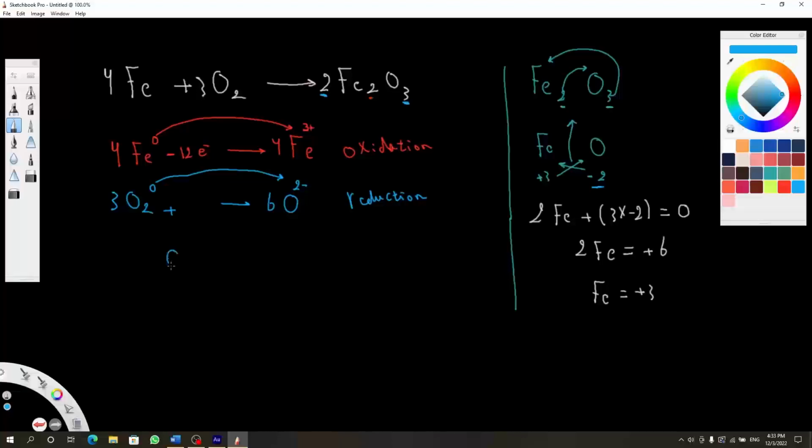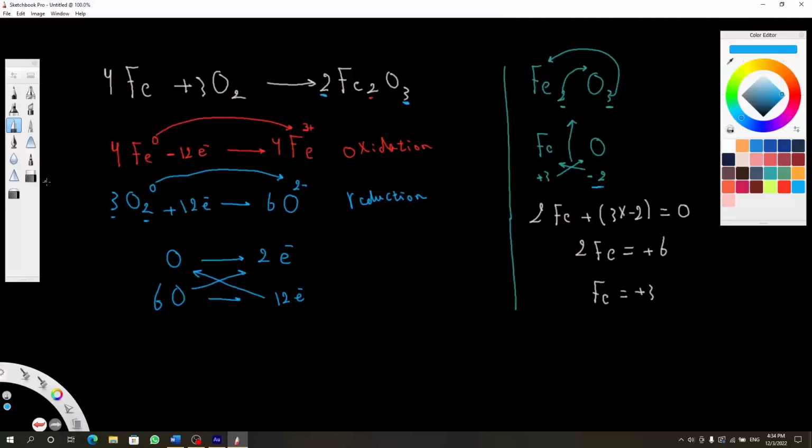If a single oxygen atom gains 2 electrons, forming an ion carrying 2 negative charges, we have 6 oxygen atoms right here. 3 multiplied by 2, so now we have 6 oxygen atoms. How many electrons will it gain? Crisscross way, in here you'll find that 6 multiplied by 2 divided by 1, so we have 12 gained electrons. So here we have 12 electrons.